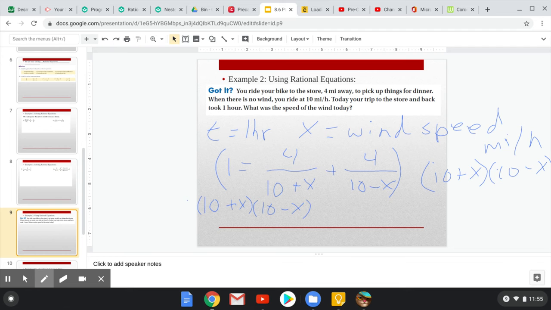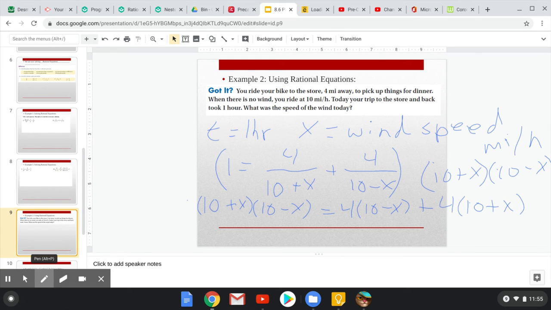And then equals, multiplying the common denominator by this fraction, the 10 plus x's are going to cancel, so I'm going to have 4 times 10 minus x. And with this fraction, the 10 minus x's are going to cancel, so I'm going to have 4 times 10 plus x.